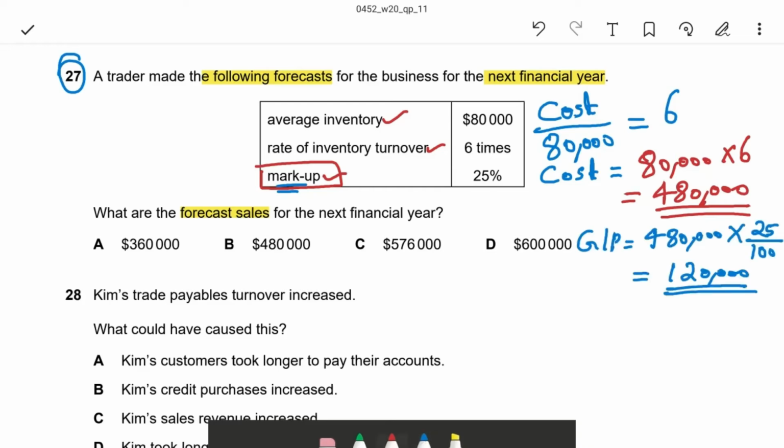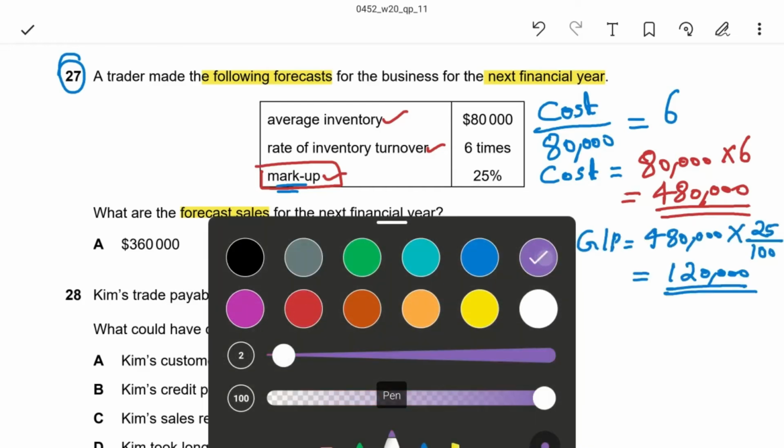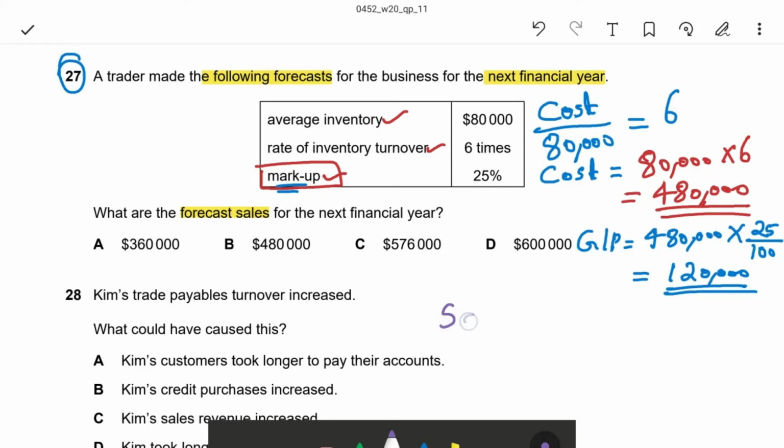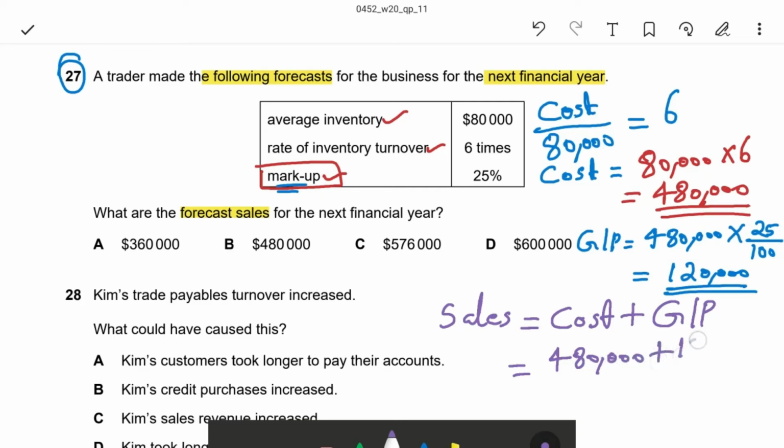So sales is cost plus gross profit, that is 480,000 plus 120,000, 600,000. So the correct answer is option D.